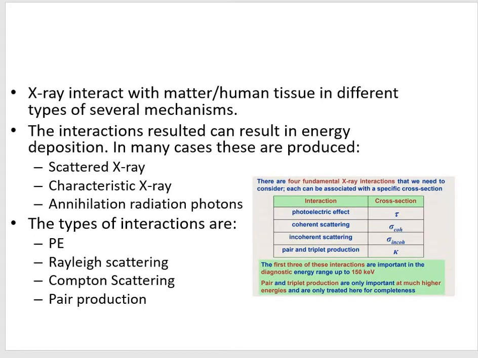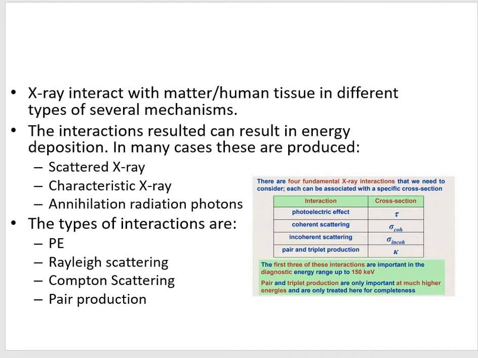Specific cross-section symbols are associated with each interaction. For photoelectric, it's tau. Coherent is sigma with subscript coherent. Incoherent is sigma with subscript incoherent. Sigma is in lowercase, small letters.